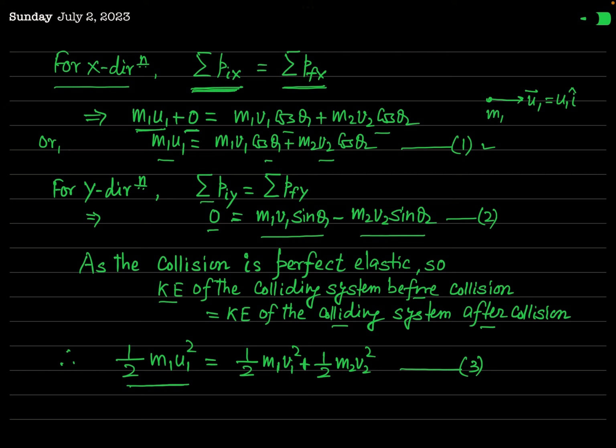Now after collision, the velocity of m1 is v1, so its kinetic energy will be half m1 v1 square, and the velocity of the target m2 is v2, so its kinetic energy is half m2 v2 square. So the total kinetic energy of the colliding system after collision will be what? That will be half m1 v1 square plus half m2 v2 square.